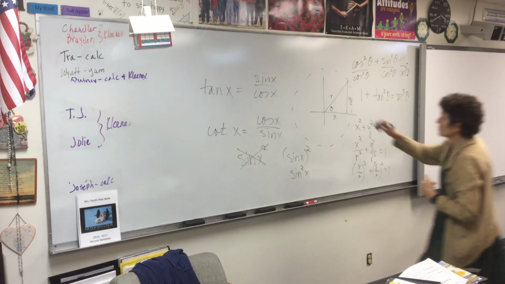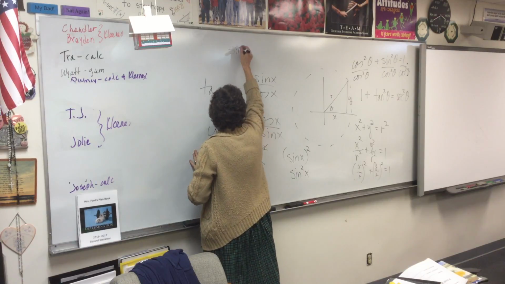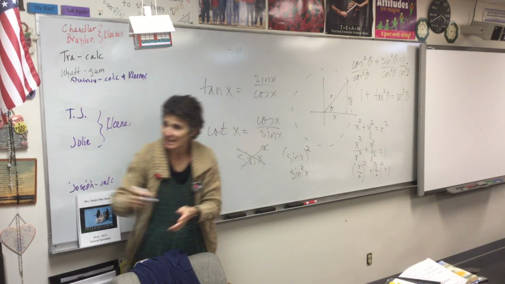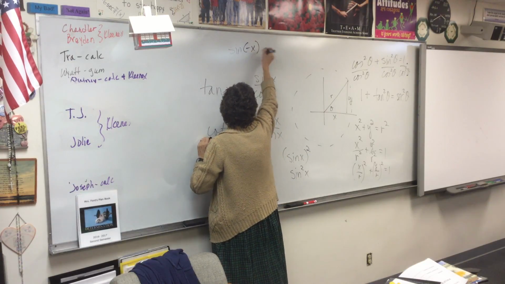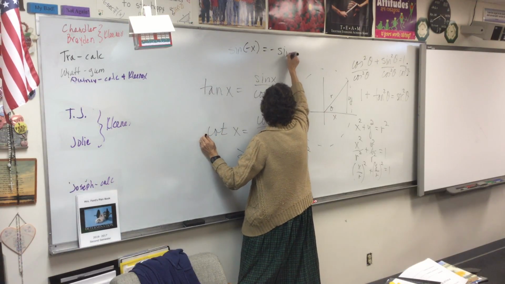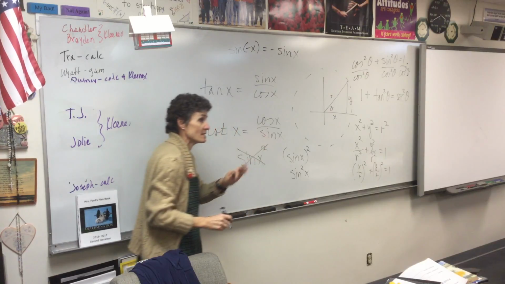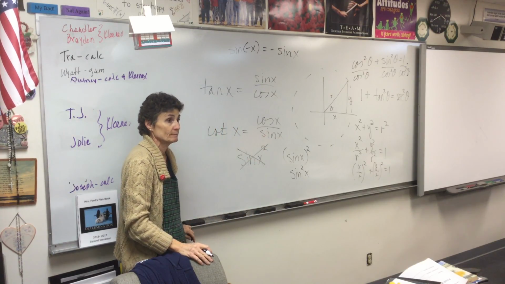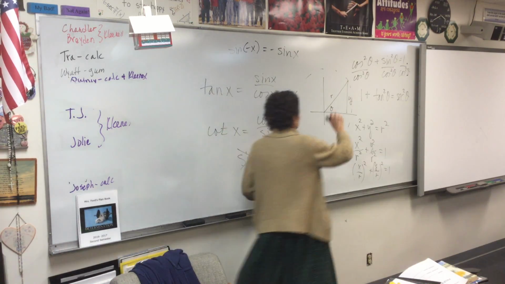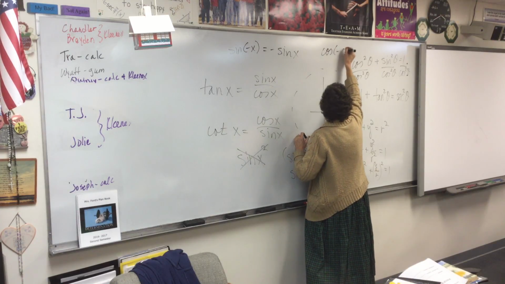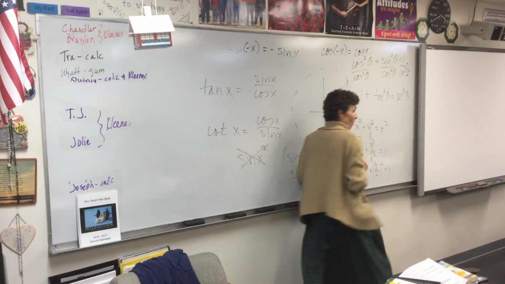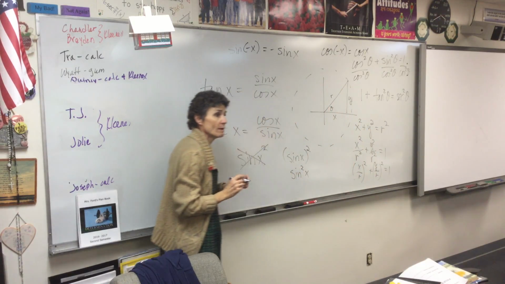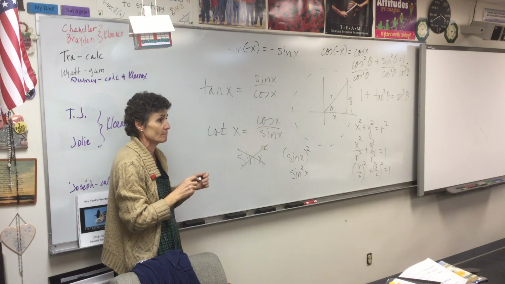You put a negative in, you're going to get a negative out. That's what it means to be an odd function. An even function says, go ahead and put a negative in. It's not going to make any difference at all. The negative has no impact in an even function.